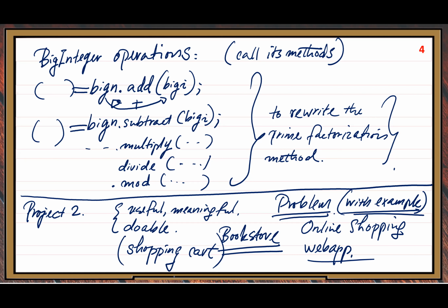But the basic features are pretty much the same, right? So you list all your products, then you allow the buyers, customers, to select some of the products and put them in the shopping cart.